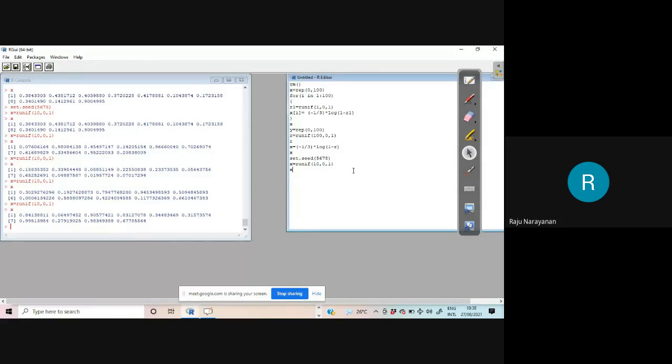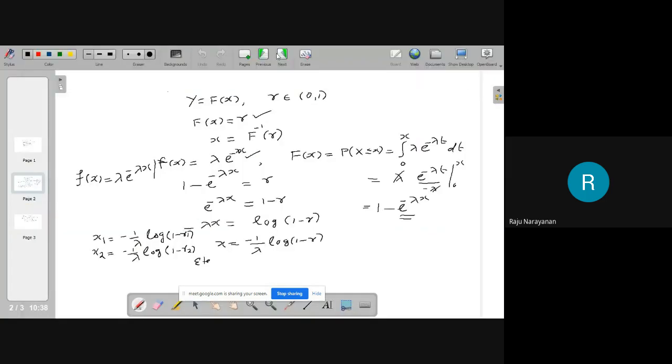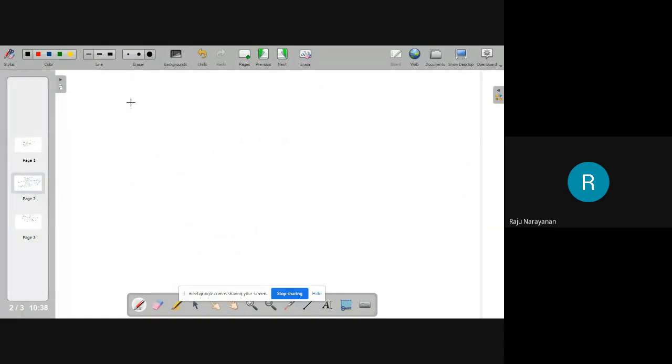Okay. This is the case for continuous distribution. But remember that this technique is useful only when the distribution function is in a nice form.